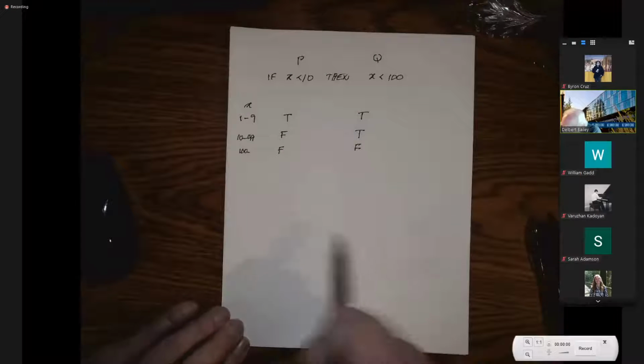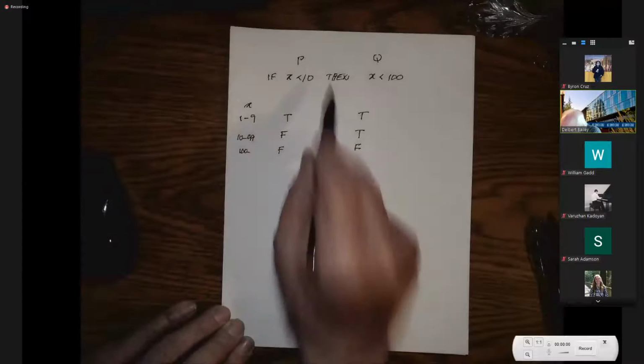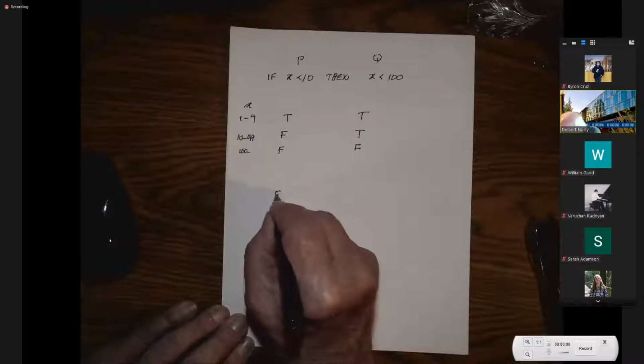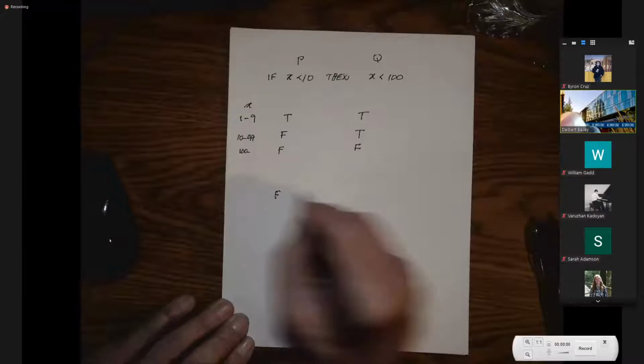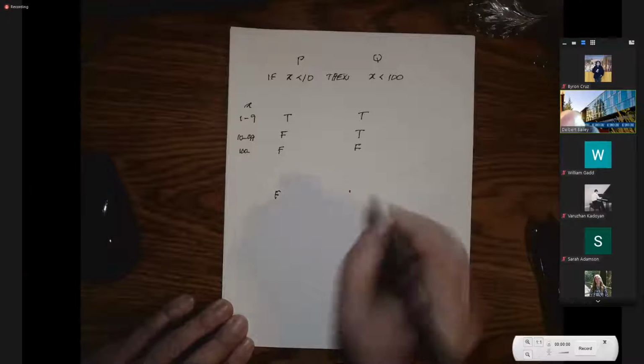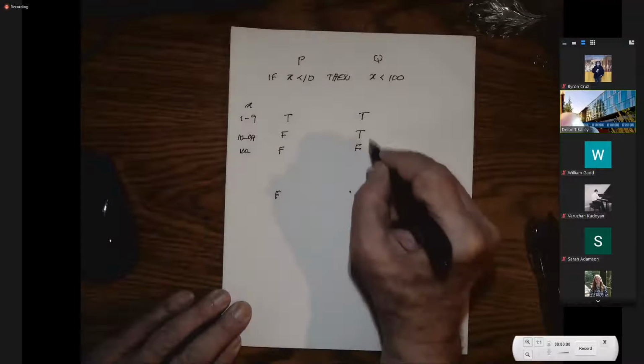So notice the thing that we don't ever have showing up here is the case of true false. We definitely have false true.